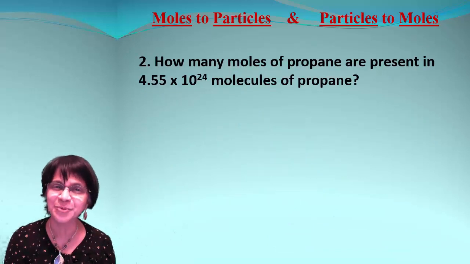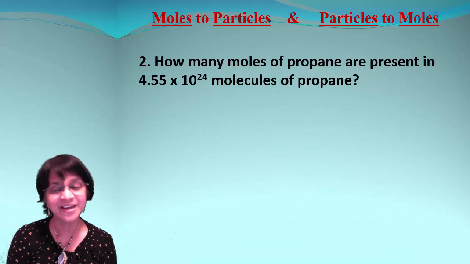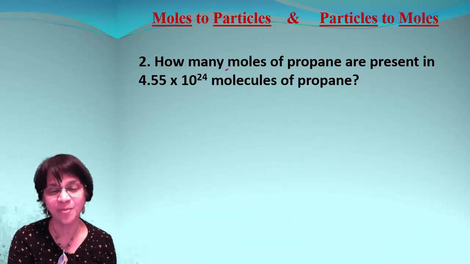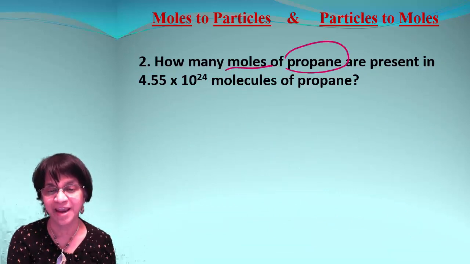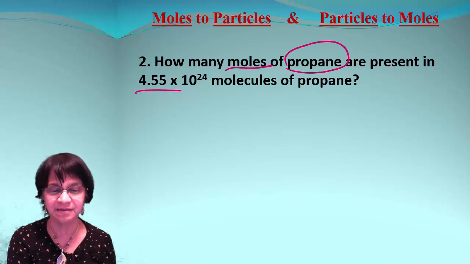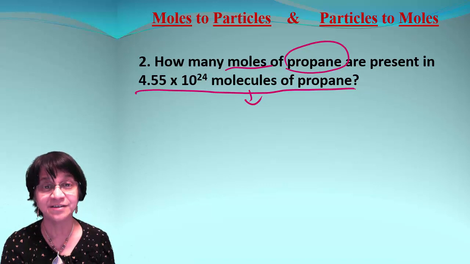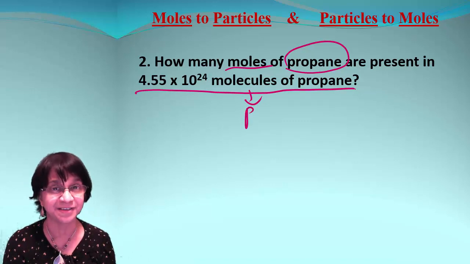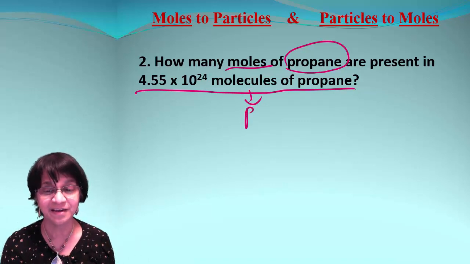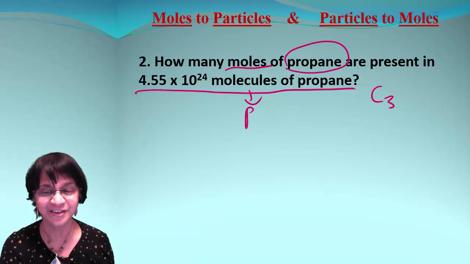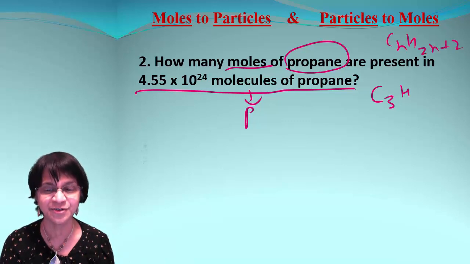Let's work on one more problem for practice. So this one, we need to find how many moles of propane are present in so many molecules of propane. Molecules is again nothing but particles. Propane has how many carbon? It will be 3. And then the formula which we are going to use is CnH2n+2.